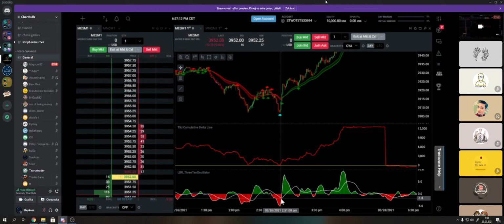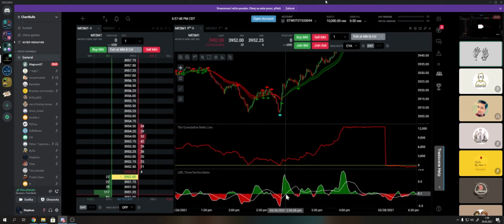Then when the histogram pushes green and that white line cuts above zero, that's bullish. That tells me you're starting a bullish trend, and once the white line comes up above zero, the faster line confirms the trend.